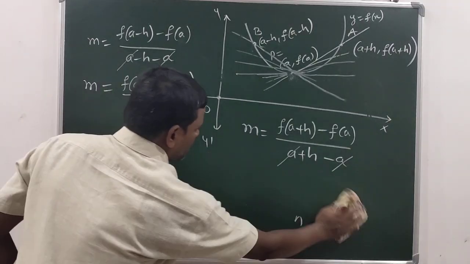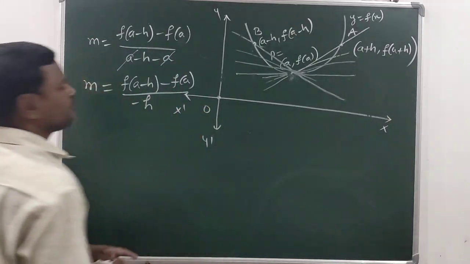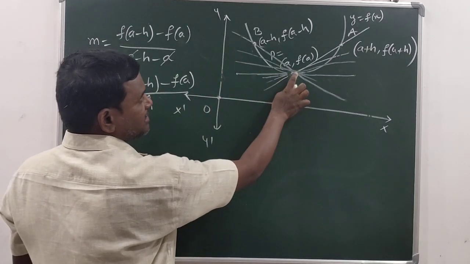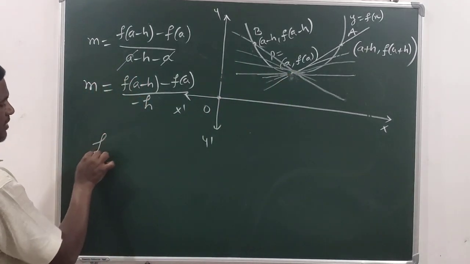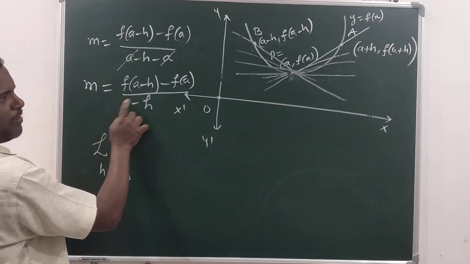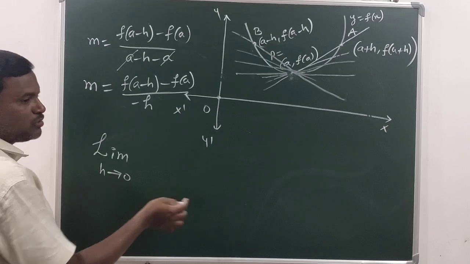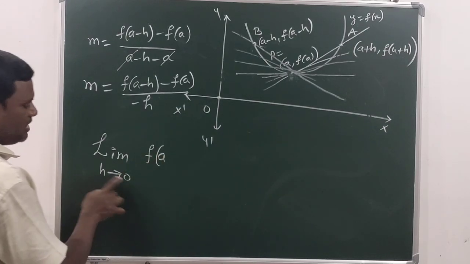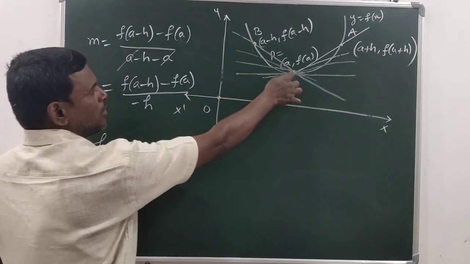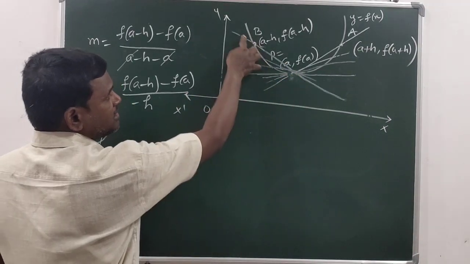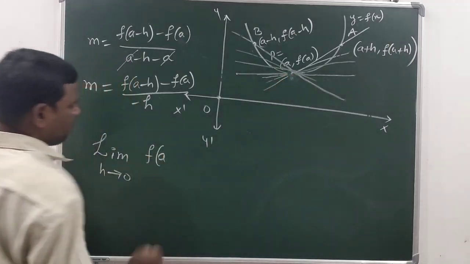This is said to be the slope of the tangent at p when h approaches 0. This is the slope of the secant pb. Now that is going to be the slope of the tangent at p whenever h approaches 0, meaning b is going to coincide with p. Then the secant will become tangent at p.